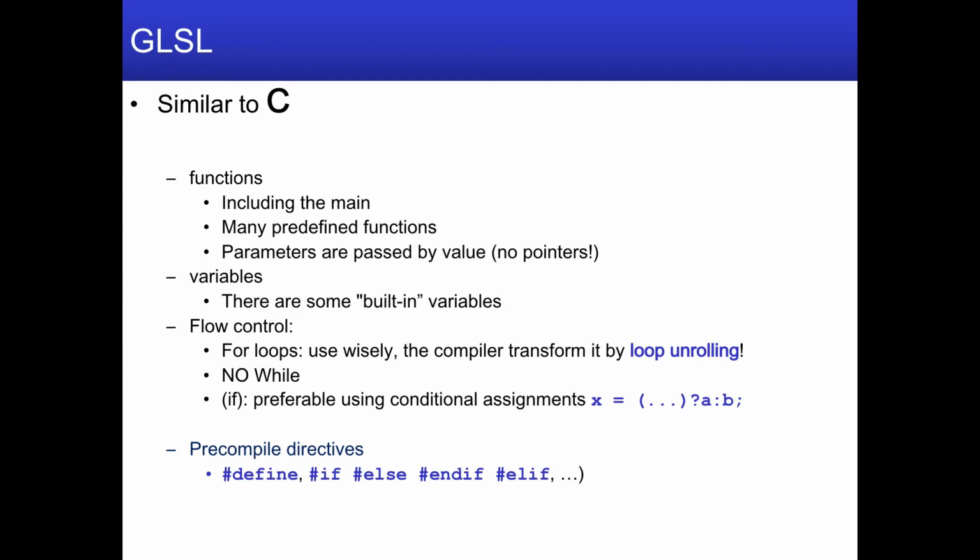Anyway, it's similar to C, a very low-level programming language, and you can, for example, define functions. Of course, you have to define a main, which is the main call as in C. You define the main, then you define functions, and maybe you call the functions from the main.